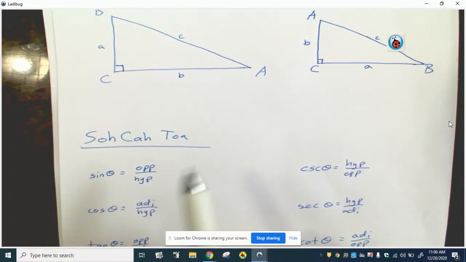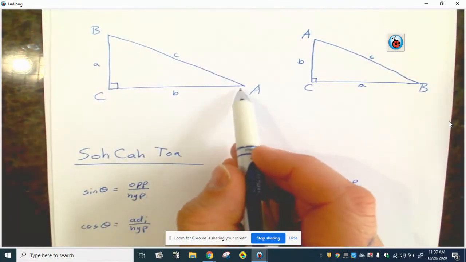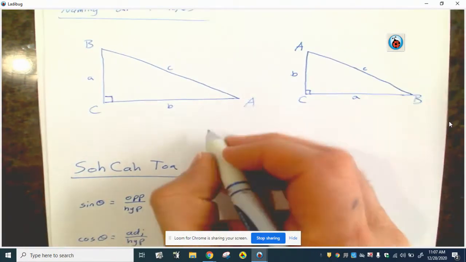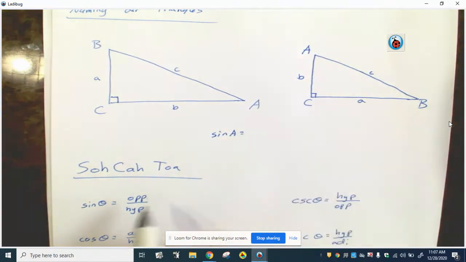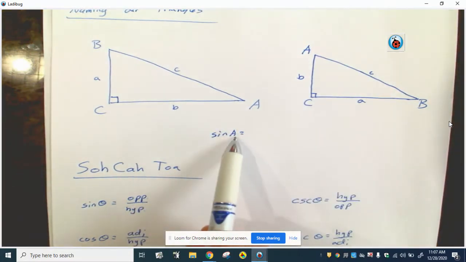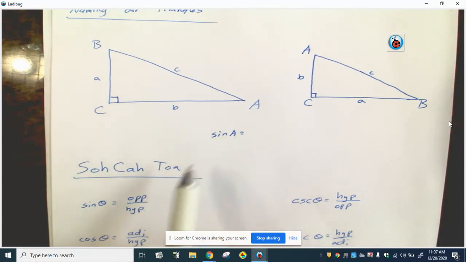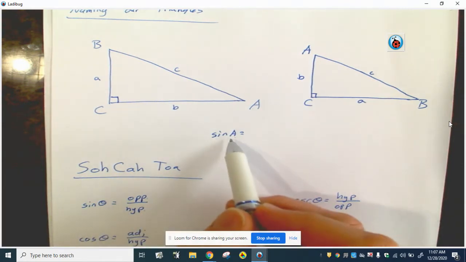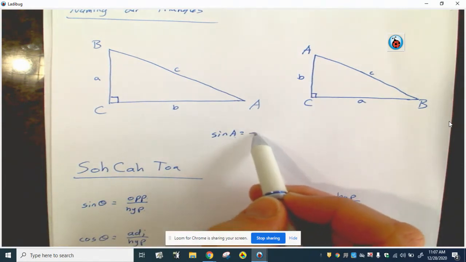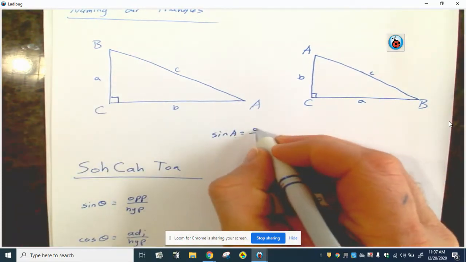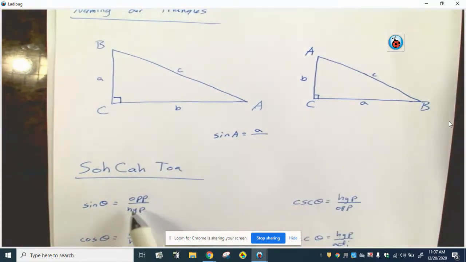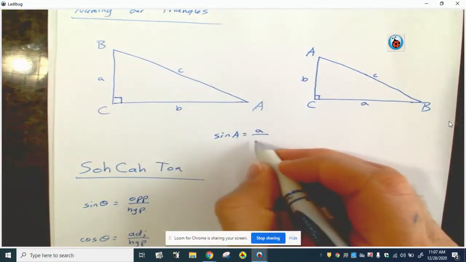So I can write a proportion: sine of angle A is going to equal the side opposite of A. The opposite is going to vary based on what angle we're talking about. If I'm talking about angle A, then the side opposite of angle A is going to be side a. The hypotenuse is going to be c.